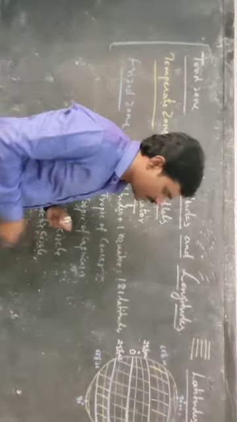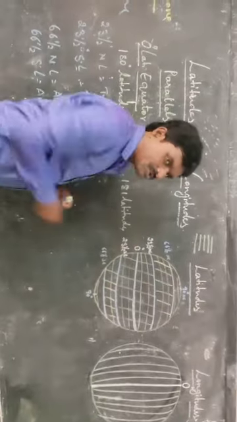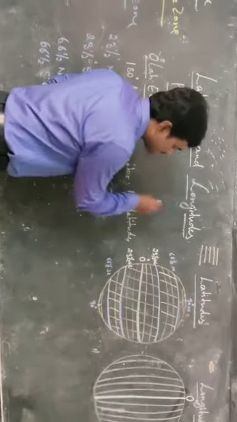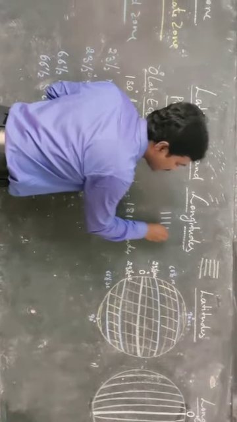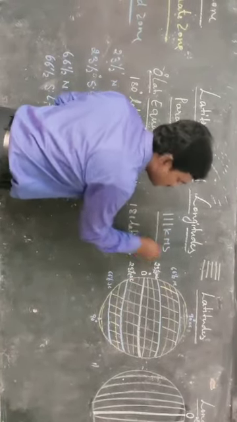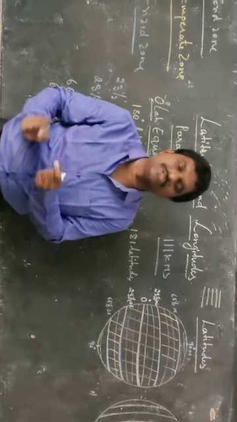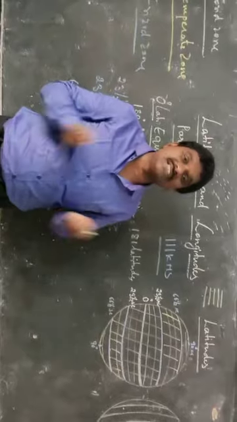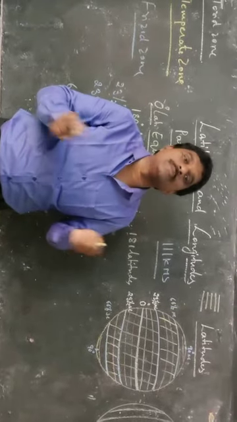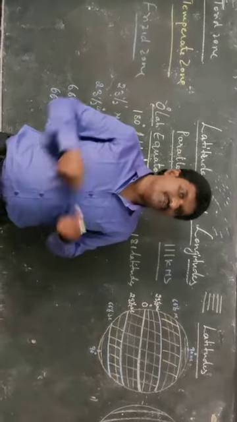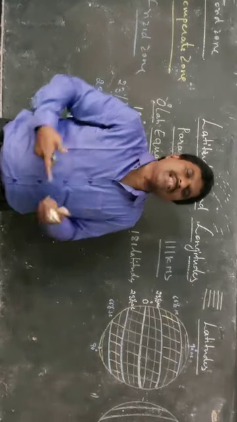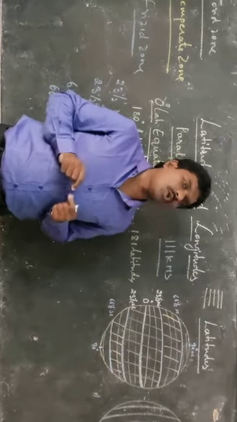Between latitude and latitude, the distance is 111 kilometers, a very important concept. We can't draw all the lines of latitudes on the globe.